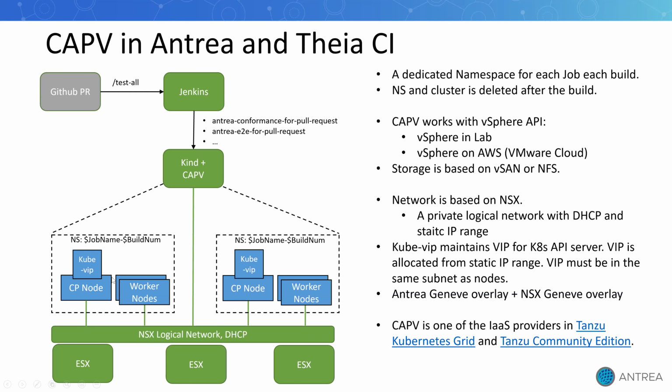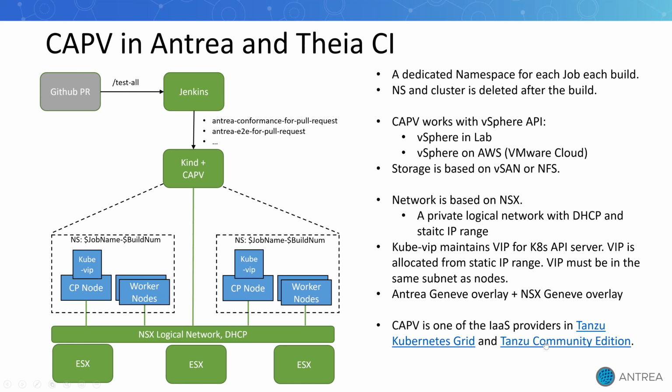And this ensures that we don't reuse any Kubernetes cluster. So any test doesn't have to consider, for example, cleaning up leftovers or any resources inside your Kubernetes, and it's convenient for us. And CAPV is also one of the infrastructure providers in the Tanzu Community Edition.